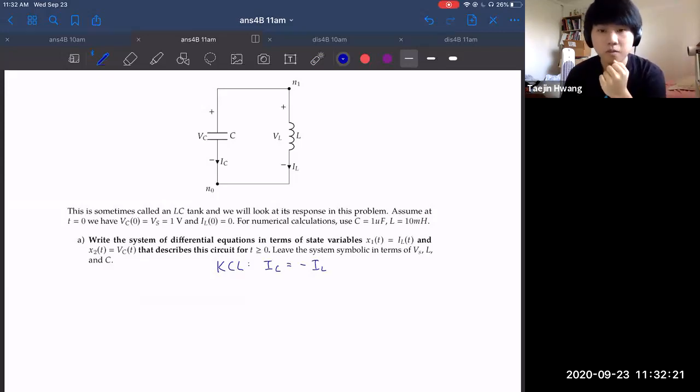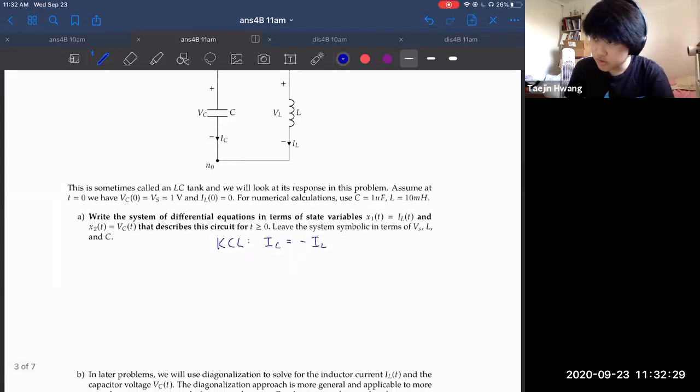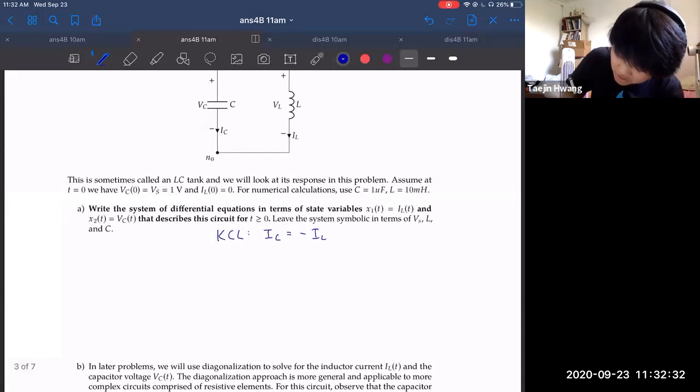Whenever the question asks you to set up a system of differential equations, the first thing I like to do is take a derivative of the states. So let's take dx1/dt and dx2/dt.